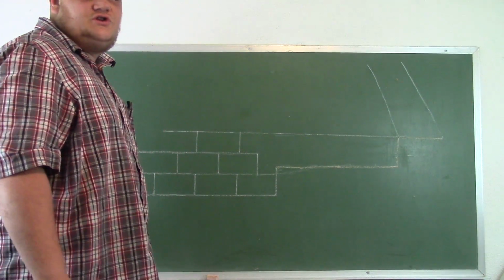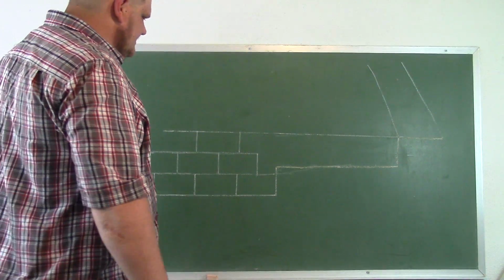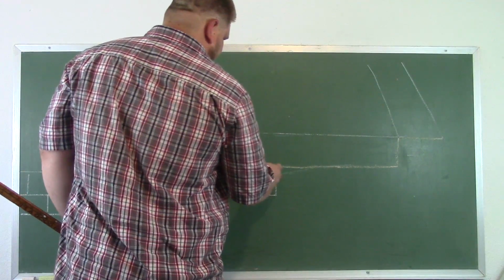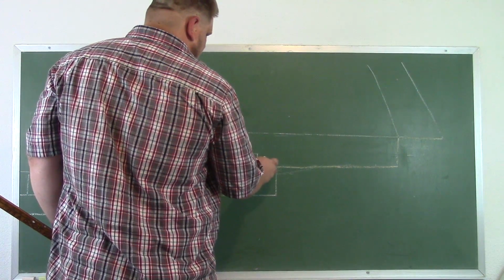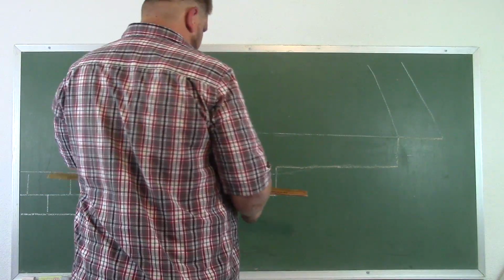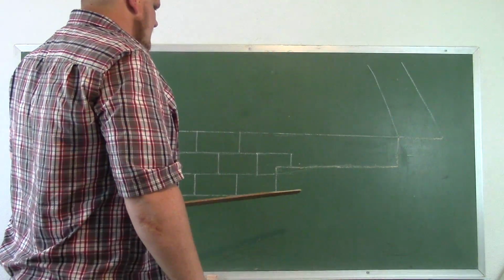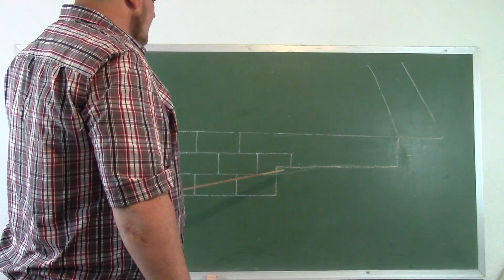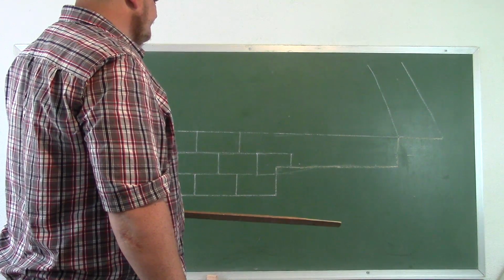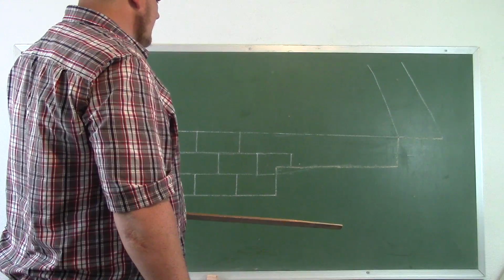So why don't you all tell me why I can't do this? Let me go ahead and measure so it's to scale. Why couldn't I cut a block like that, right?